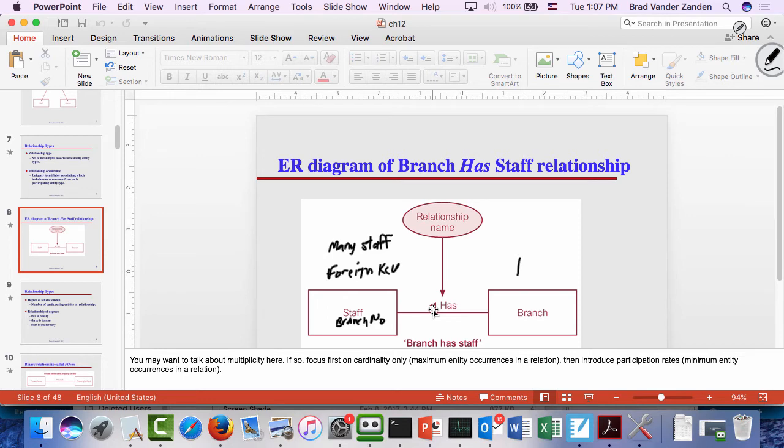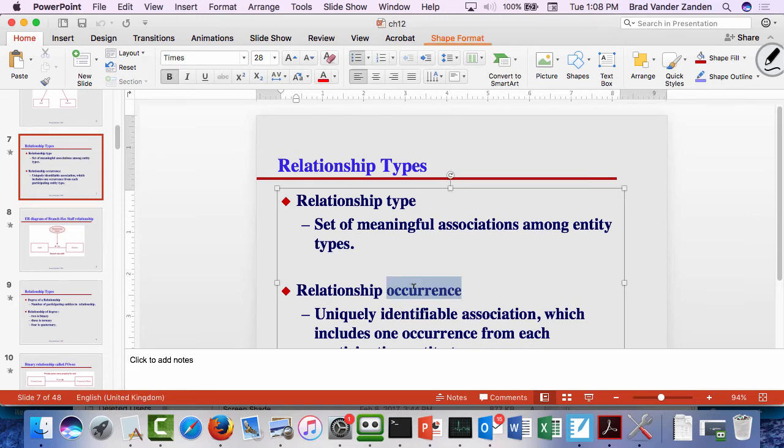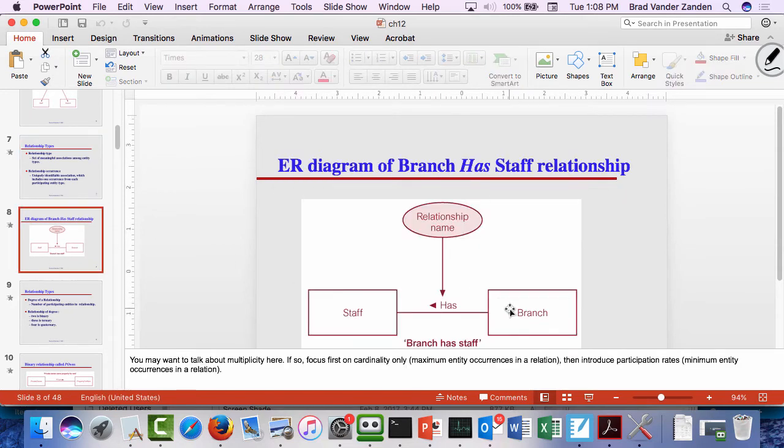Again, you might think, wait a minute, there could be multiple branches. But remember, we make a distinction between a relationship type and a relationship occurrence. What I'm talking about here is a relationship occurrence. In a relationship occurrence, you have only one branch, but you can have many staff members. So you direct the arrow towards staff.